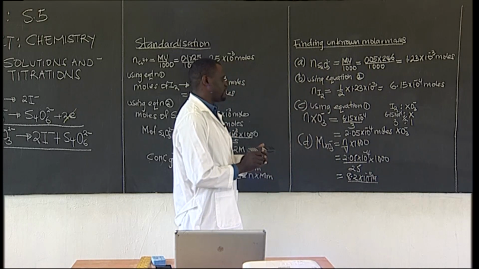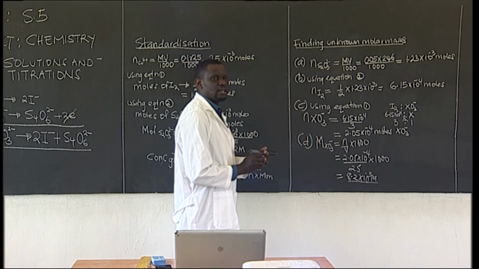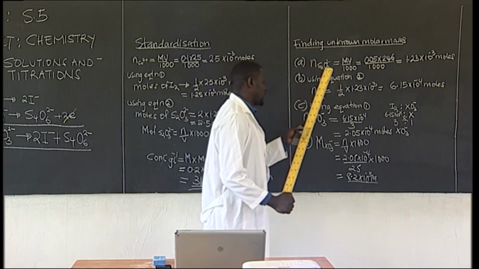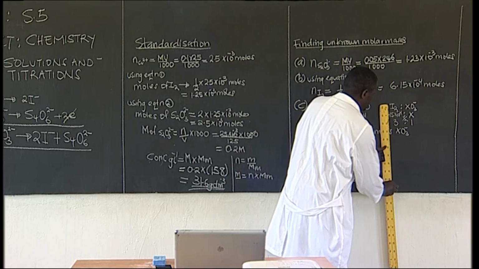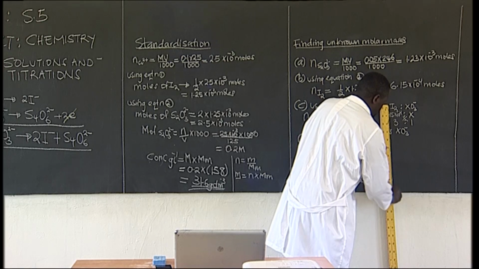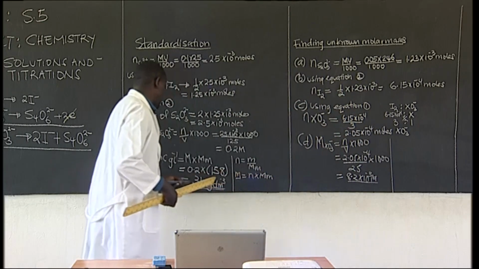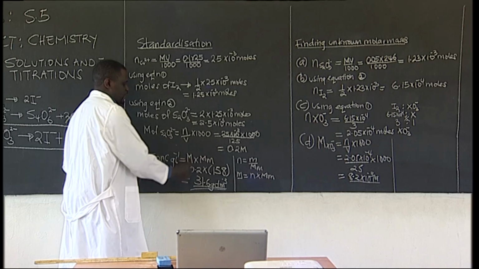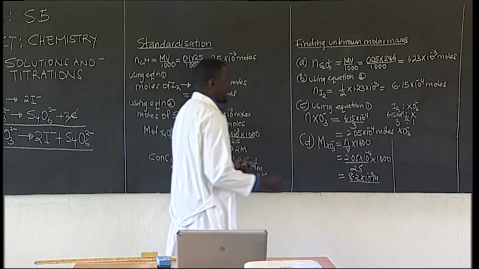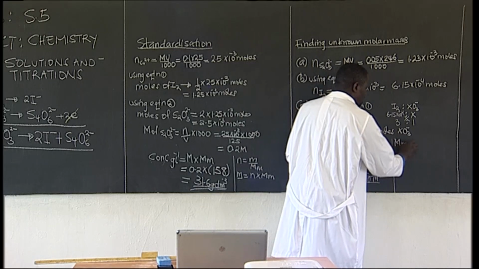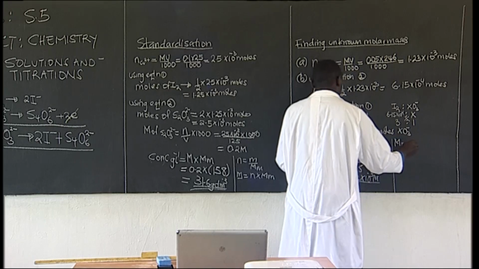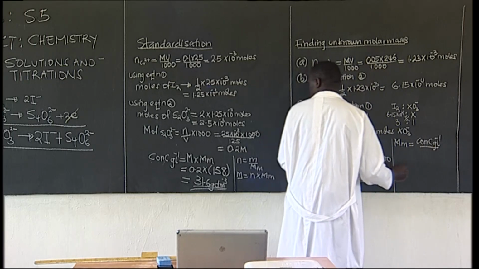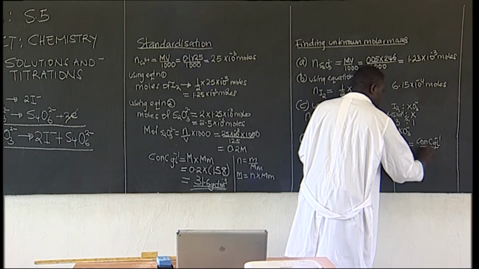So we'll get the molar mass. The molar mass of sodium X-onate: molar mass equals concentration in grams per liter divided by molarity.